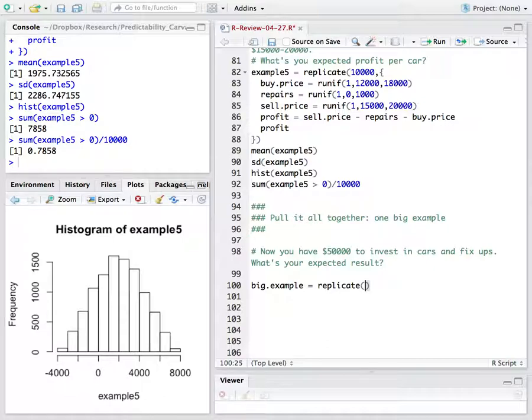Well, first question is, can we use the replicate function? If you recall, we need a for loop anytime we need to do something where each of the samples or each of the simulations is not independent. Are these simulations independent? The simple answer is yes.